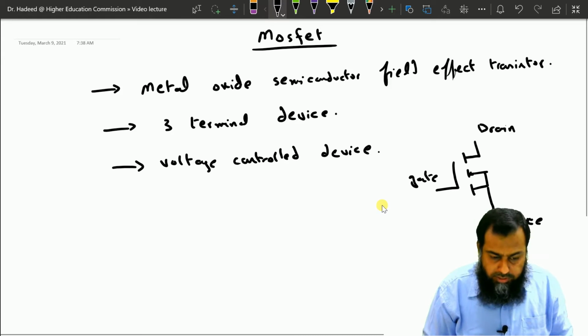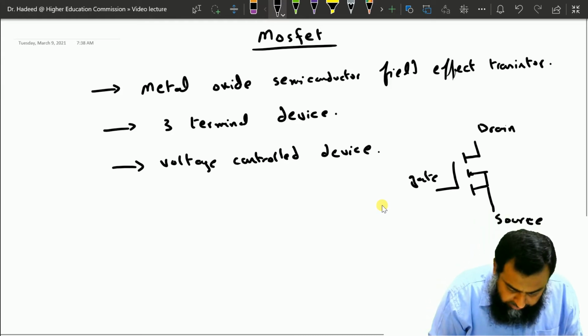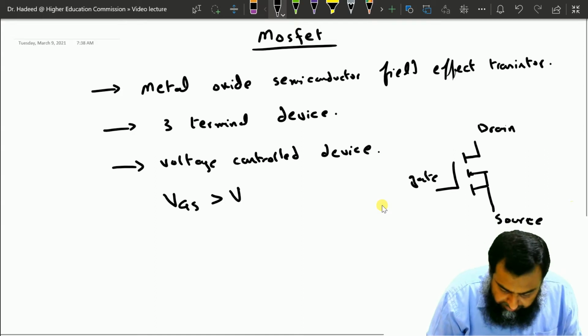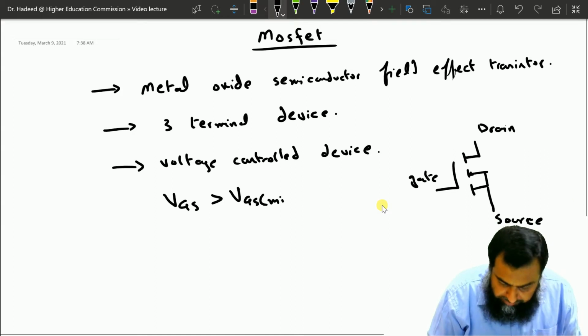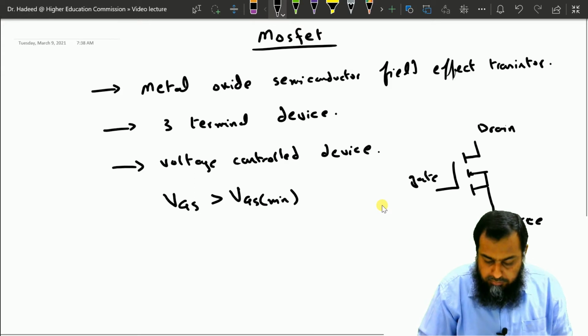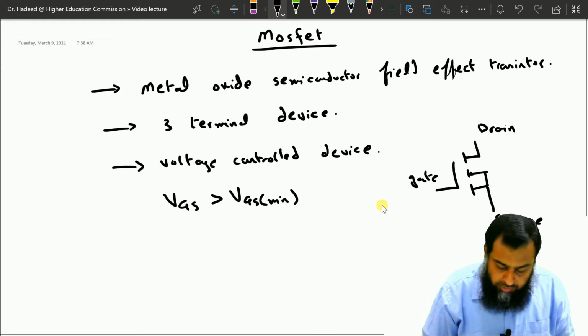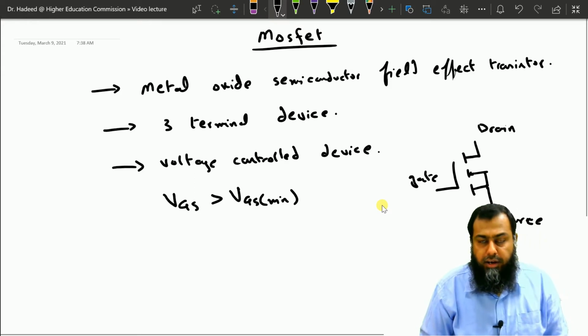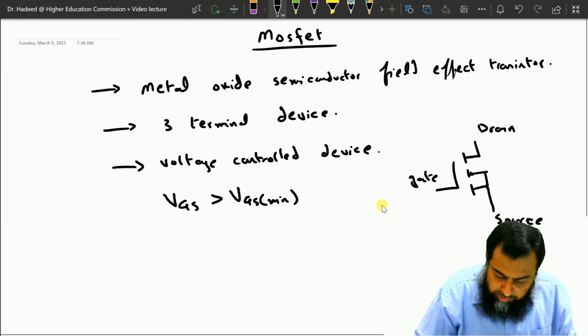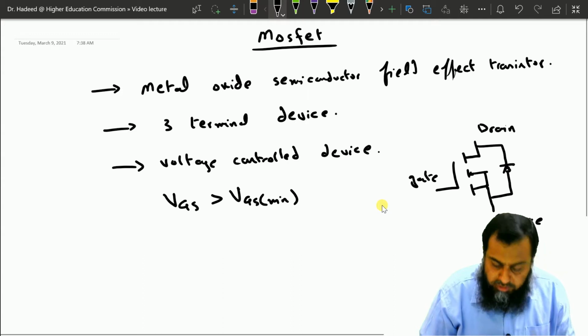So it is a voltage control device such that the voltage from gate to source should be greater than the minimum voltage required to bring this device in the conduction mode. Because of the inherent characteristics, there is a body diode that comes automatically while the MOSFET is constructed.